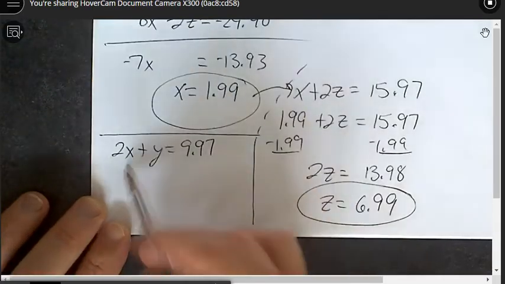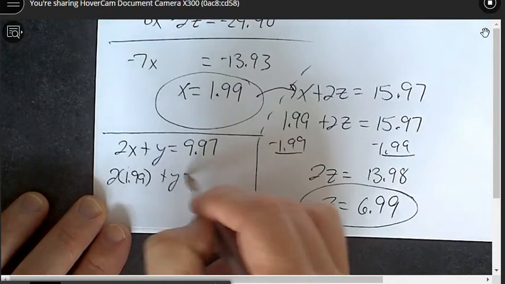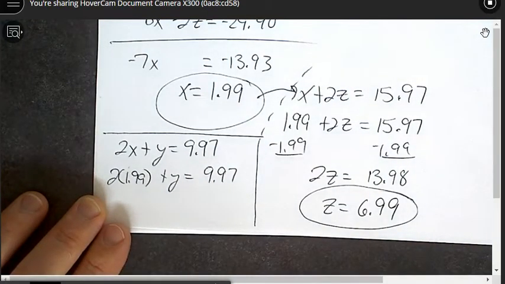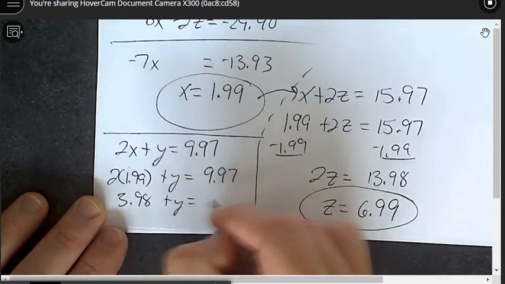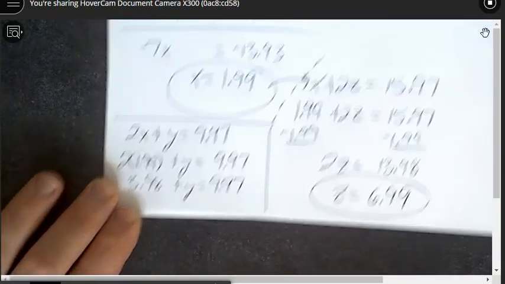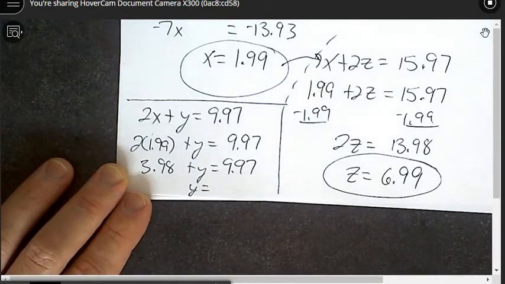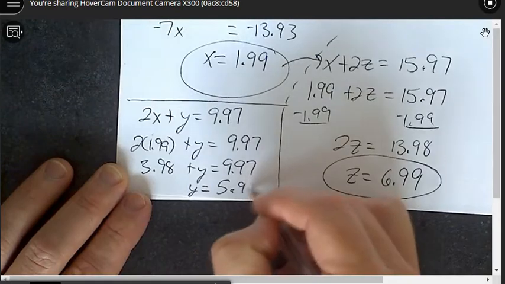We know that x is $1.99, so that's 2 times 199 plus y equals 997. So 199 times 2 is $3.98, plus y equals 997. Subtracting those two numbers, we get $5.99.